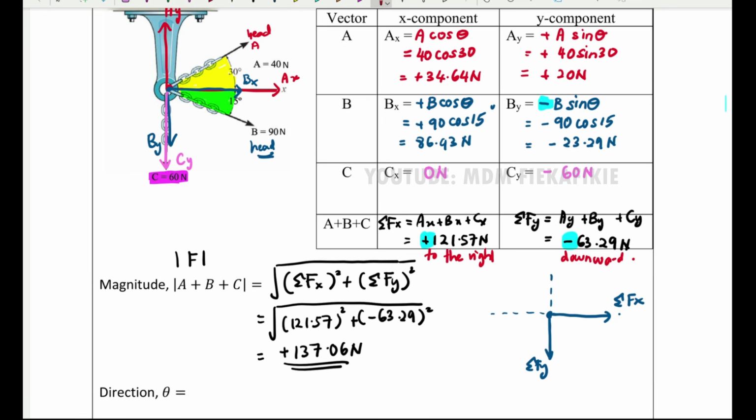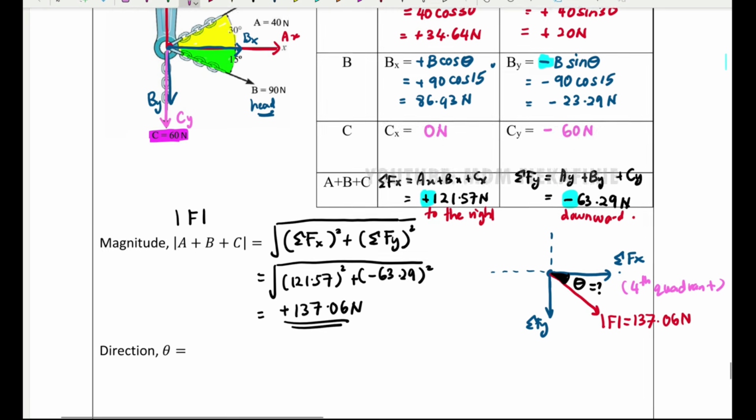Okay, and then direction of the resultant force yang kita dah kira tadi, 137.06 Newton dekat area sini at angle of, so angle dia kita lukis kat sini. So, this is the angle theta. Berapa? Okey, kita tak tahu berapa tapi kita dah tahu dia adalah dekat fourth quadrant. Okay, fourth quadrant ataupun below positive x-axis.